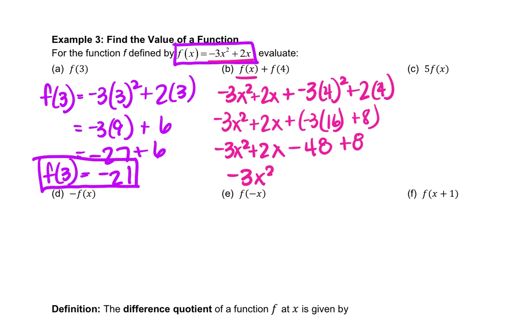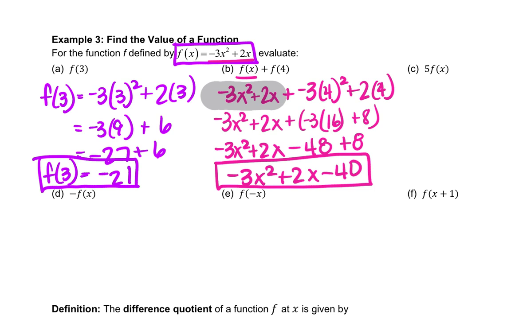Negative 3x squared plus 2x minus 40 is the final output. Y'all can read that okay? This piece right here was the f of x part, and this piece right here is the f of 4 part.